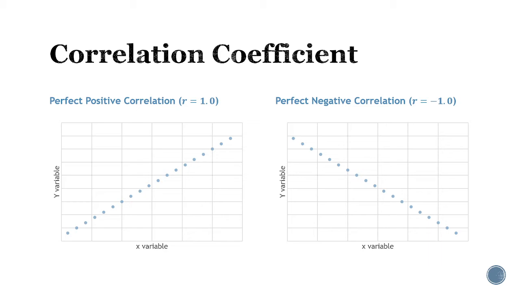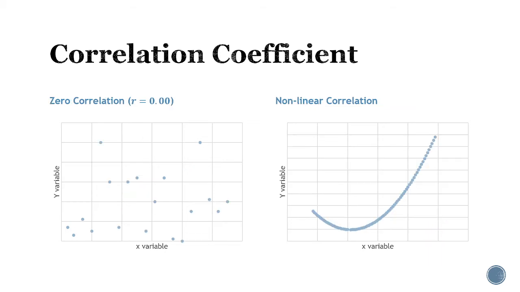For -1, we have a perfect negative correlation. For R equal to 0, we have zero correlation. And here is an example of a nonlinear correlation. In this lesson, we are still focusing on linear correlation.